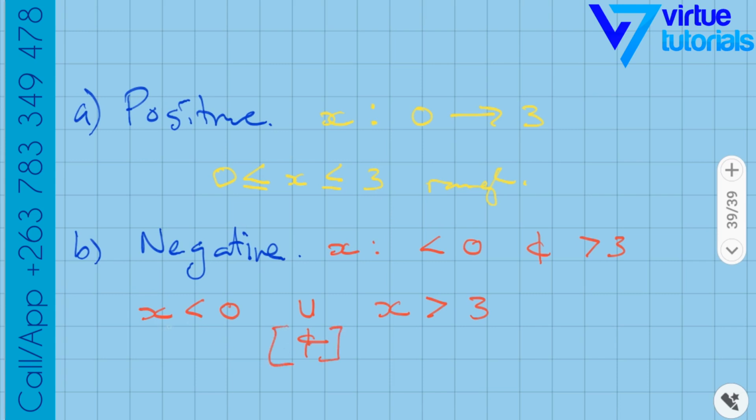So for values of x that are less than 0 and for values of x that are greater than 3, this function is negative. So it's all about checking whether it's above the x-axis or below the x-axis.